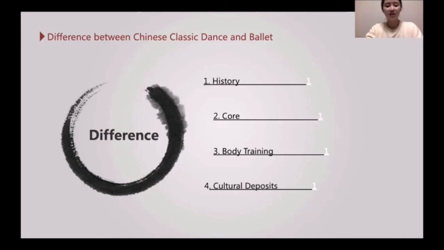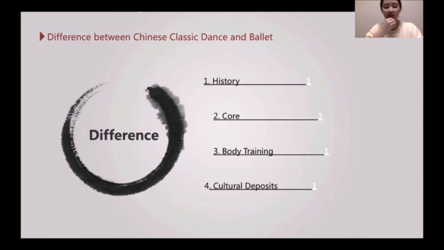And Chinese classical dance is actually part of the culture handed down by 5,000 years of Chinese history, as I talked about. Chinese dance movements take the circle as a basic unit. The circle can reflect the Taoist thought of nature and humanity.